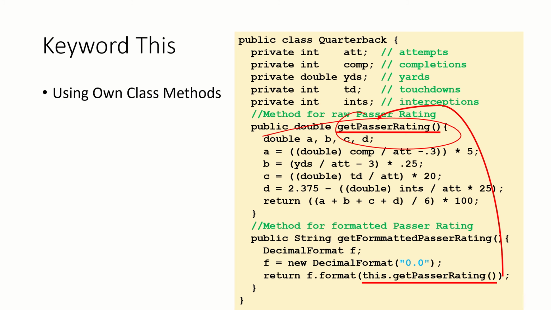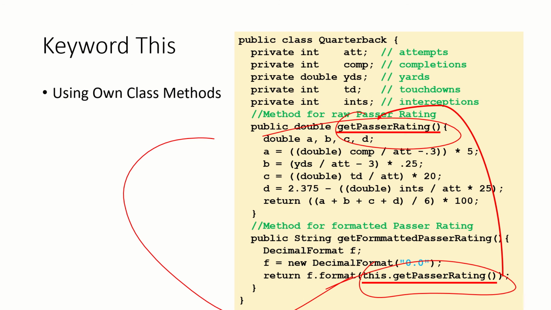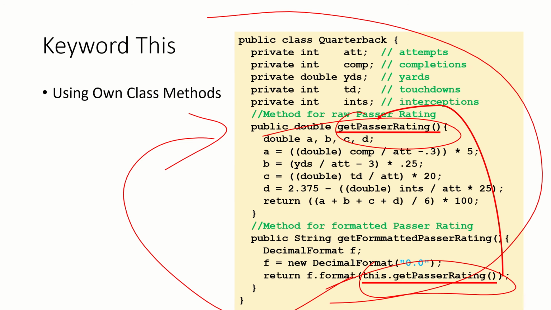But sometimes you need an identical way to make people know, okay, this method is from the same class. For example, if this class has 100 lines, if I only give you something like this, getPassingRating, how can you be sure this method comes from this class?